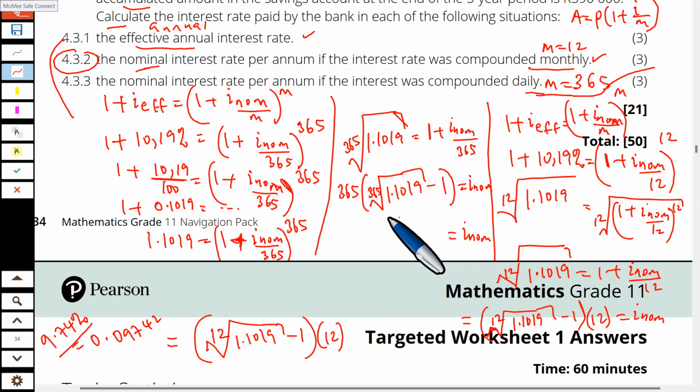So if you use a calculator, what answer do you get again, please? Can you check? I got 0.0031. But your answer must be close to this one, because the fact that it's daily or monthly is just going to differ very slightly. So it must be close to 9.7 or 0.09. It's 365 this, right?